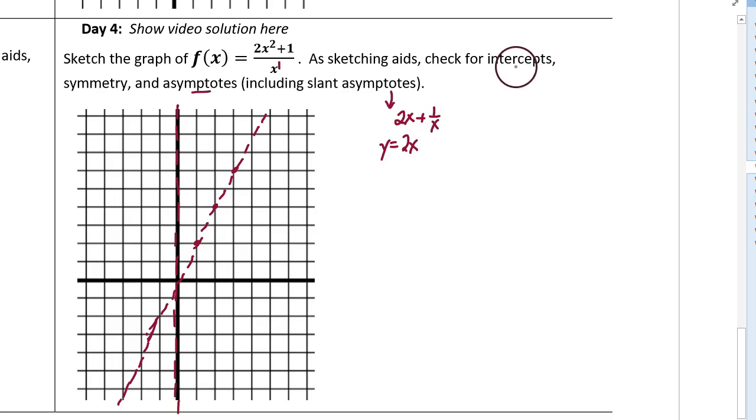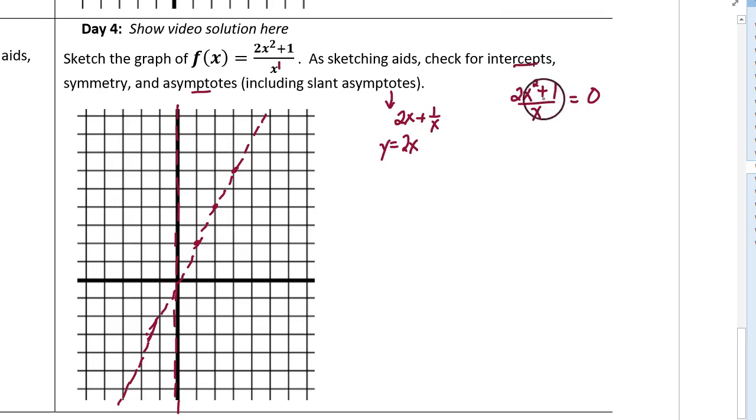Next, let's consider intercepts. Will the curves cross the x-axis any place? Let's find out. 2x squared plus 1 divided by x. Does that ever turn out to equal 0? It's not, because there is no way that this left side can make 0.